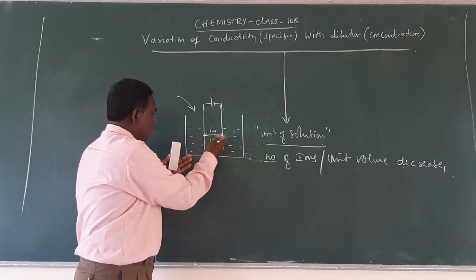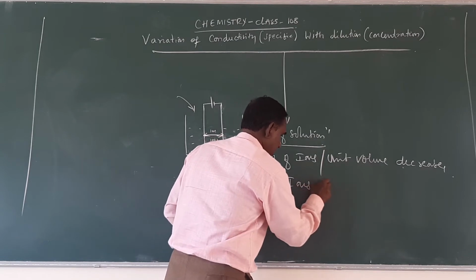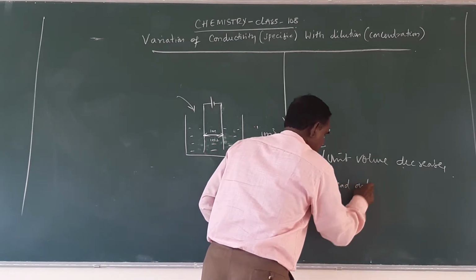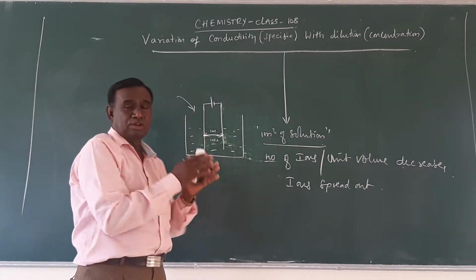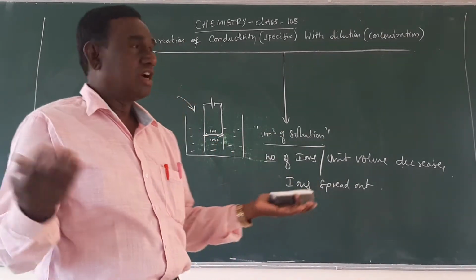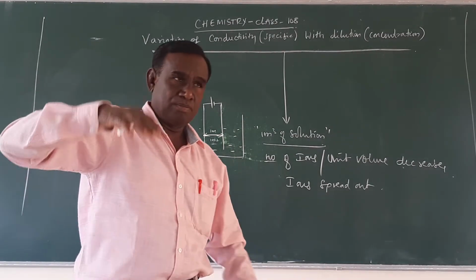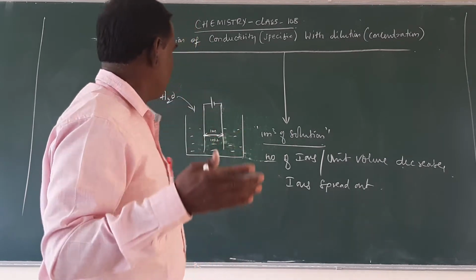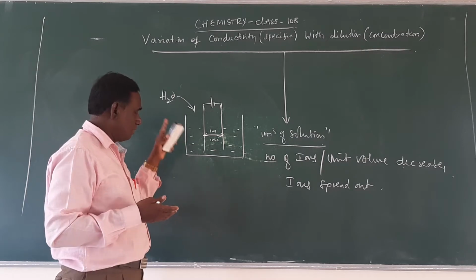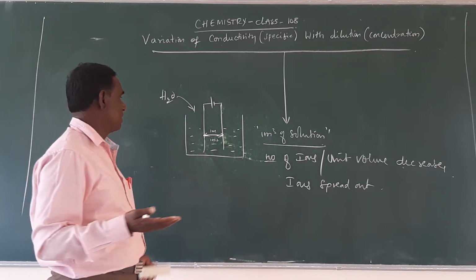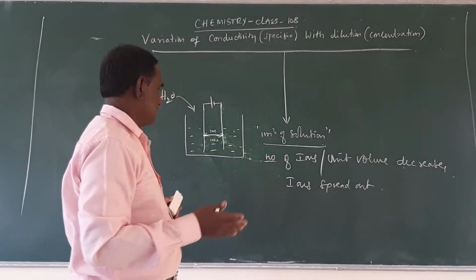The ions present in between two electrodes will be spread out, so the number of ions between the two electrodes decreases. As more and more water is added, the concentration of the solution decreases.